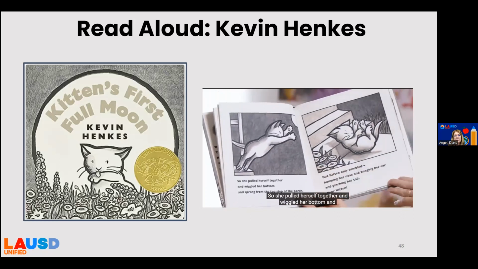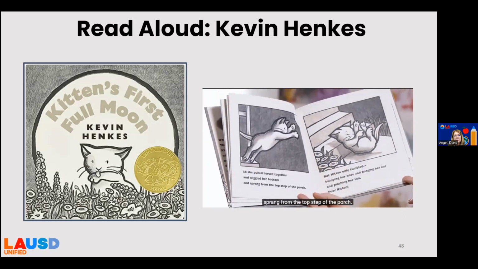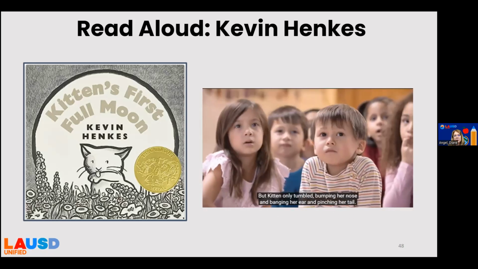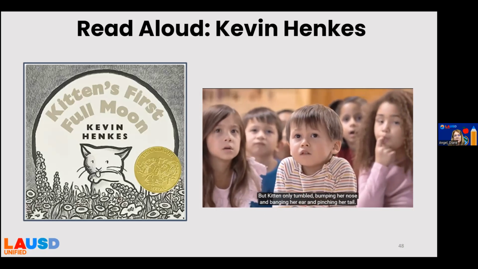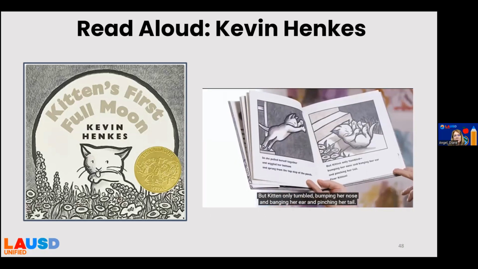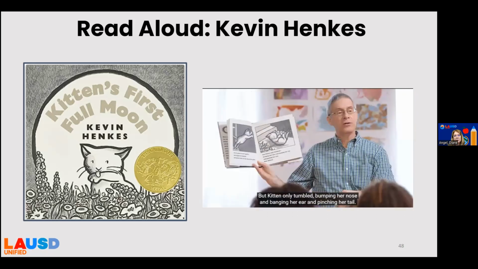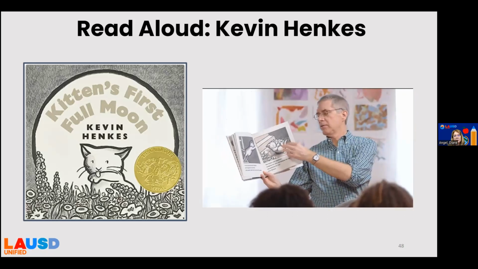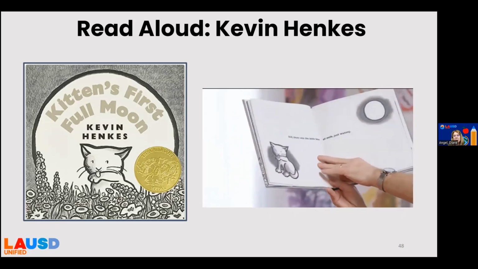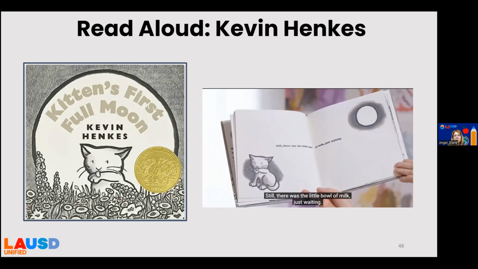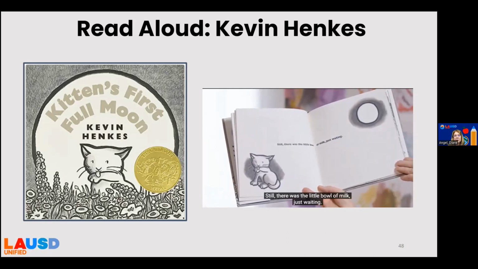So she pulled herself together and wiggled her bottom and sprang from the top step of the porch. But Kitten only tumbled, bumping her nose and banging her ear and pinching her tail. Poor Kitten. Still, there was the little bowl of milk, just waiting.